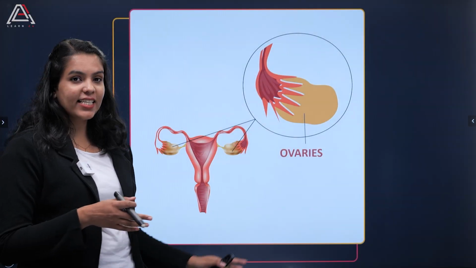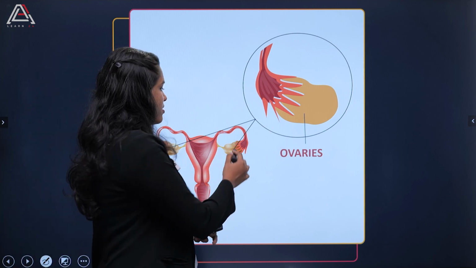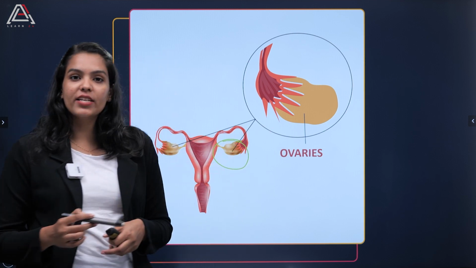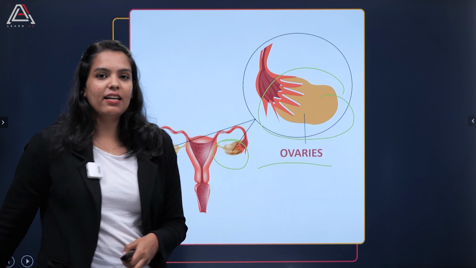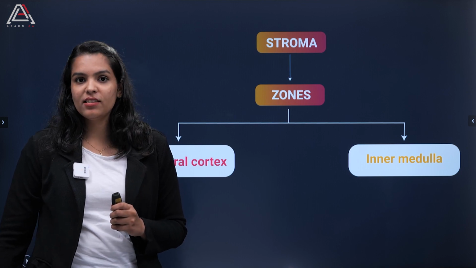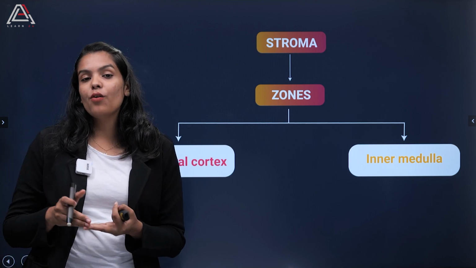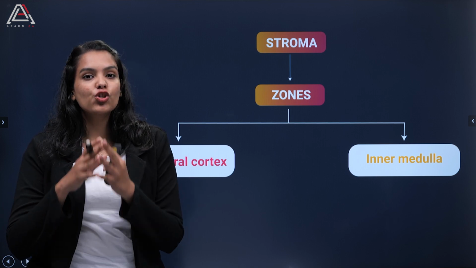Here you can see the female reproductive system. Inside it is where our ovaries are present. This yellow part is the ovary itself. Like I said, there is an ovarian stroma present. That is, the ovary is covered by a thin epithelium which encloses the ovarian stroma.